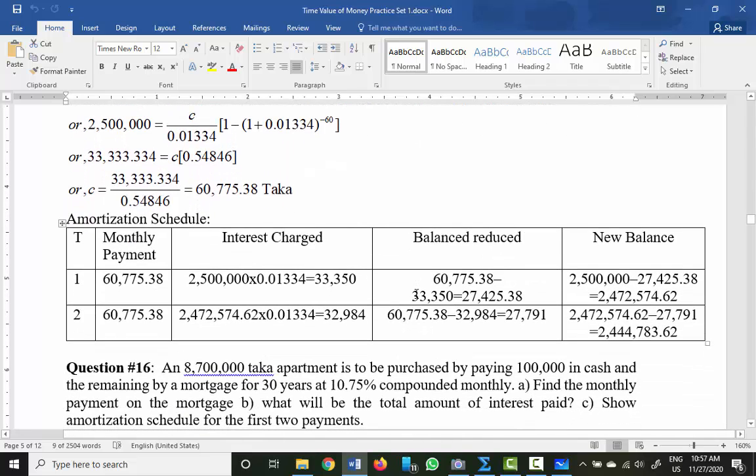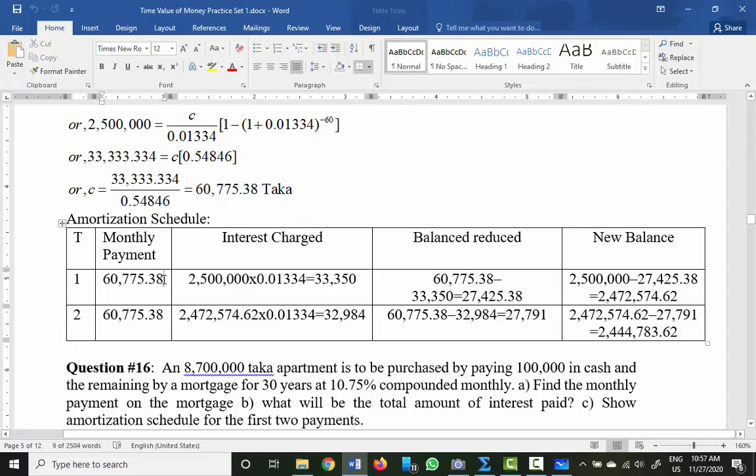So at the end of the first month, this is your monthly installment, 60,775.38 taka. At the end of every month you will pay 60,775 taka to pay off your loan, right?